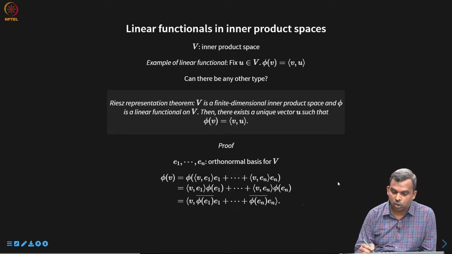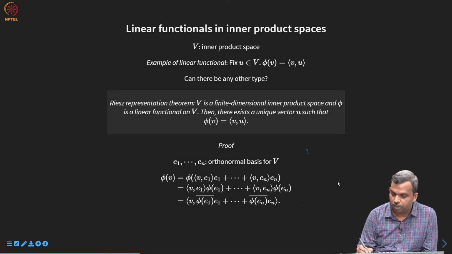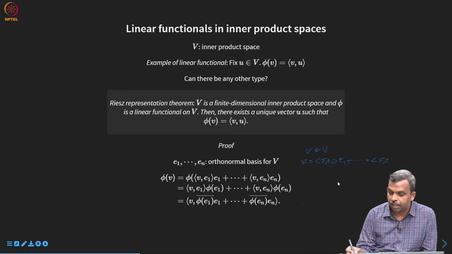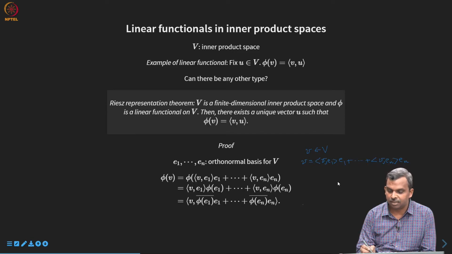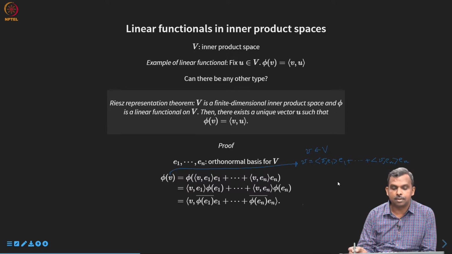Now once you have an orthonormal basis, any vector v in V can be written as the inner product of v comma e1 times e1 plus dot dot dot plus the inner product of v comma en times en, right? So this is orthonormal, so you can write like this. So this is what I have done here. So instead of v, you plug in this expression, v equals this, right? So instead of v, you put that in.